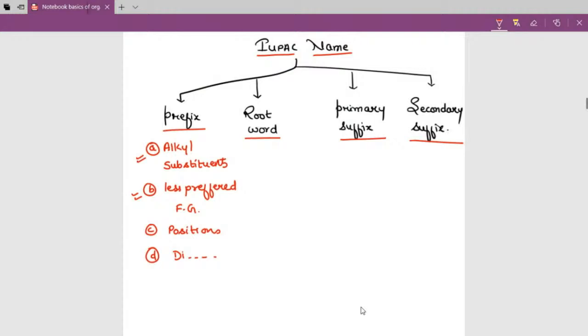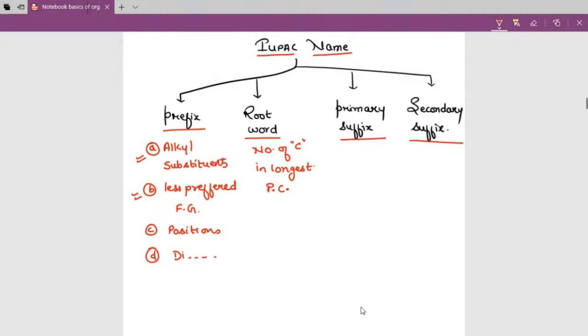Root word. Root word indicates the number of carbon in the longest parent chain. PC, I'm using the word for parent chain. So, number of carbon in the longest parent chain. Based on those carbon count, you will decide what root word you are going to use.